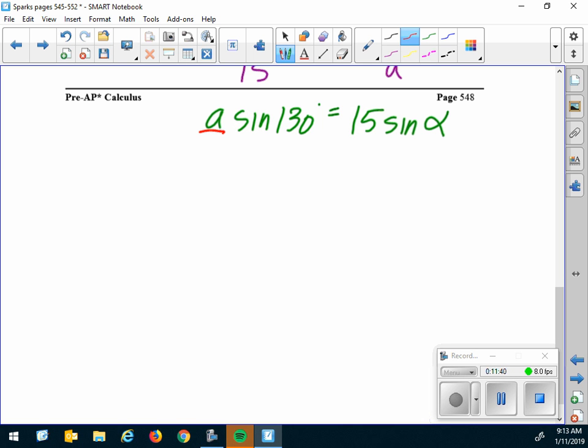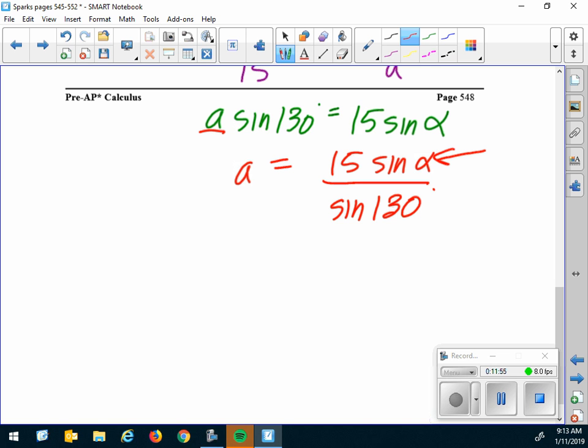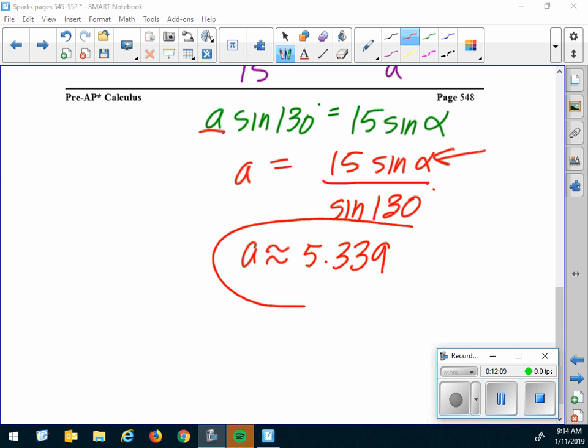So I'm going to divide by sine 130. Go to your calculator, but remember you have that stored in A. What are you getting? 3 decimal places. 5.339.